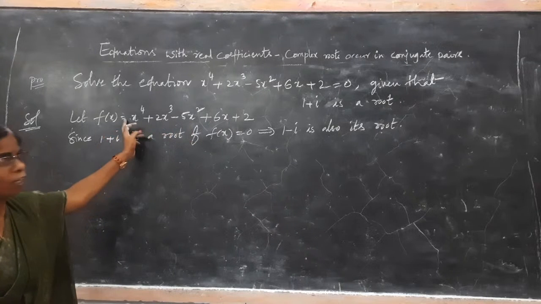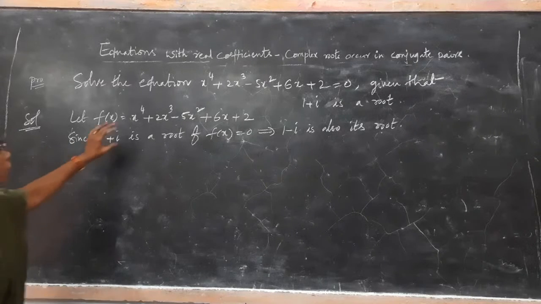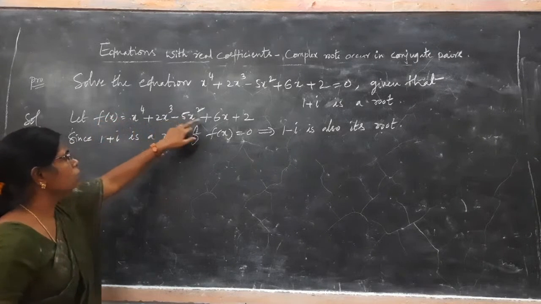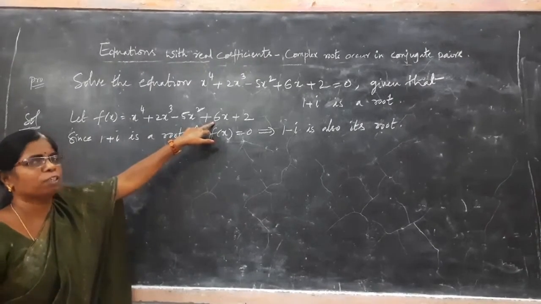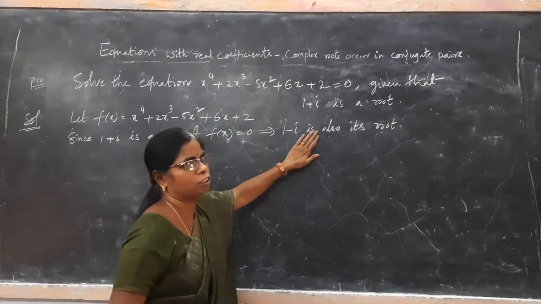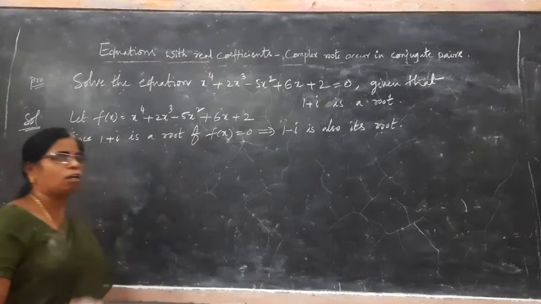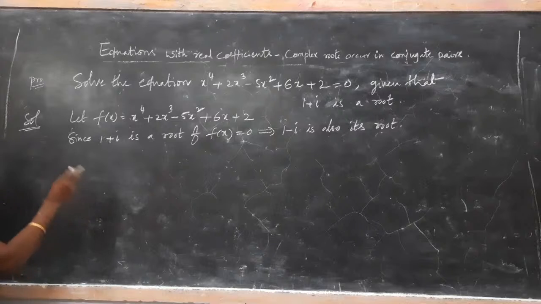See what the coefficients are: 1, 2, minus 5, 6, all are real numbers. Suppose any coefficient were a non-real complex number, then we could not write that 1 minus i is also its root.